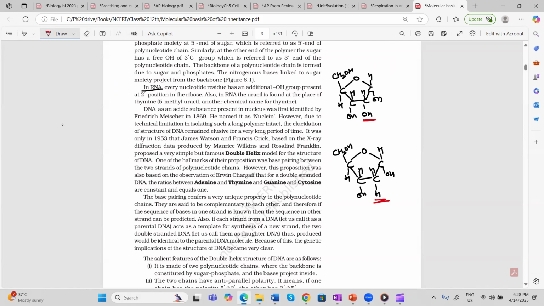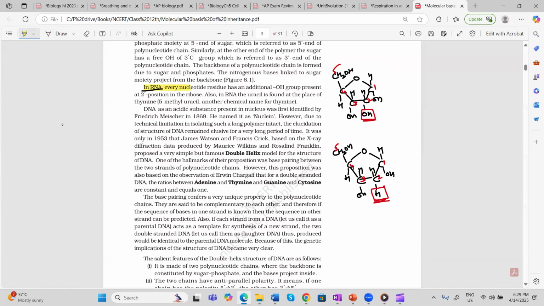Here at carbon 1, carbon 2, carbon 3, carbon 4, carbon 5. And if you see here at the second carbon, you will not find O here. It is OH here, but here it is only H. Can you see? Yes, ma'am. So what is the difference?